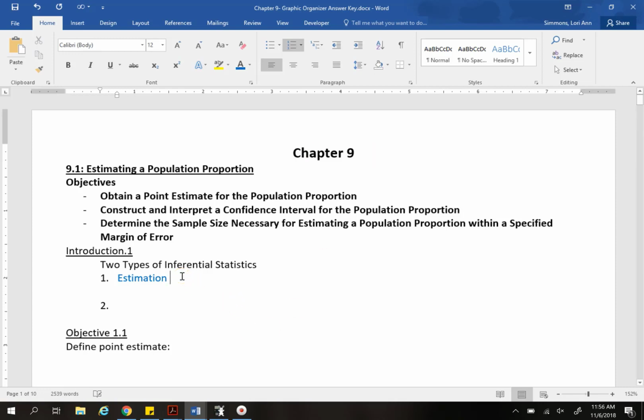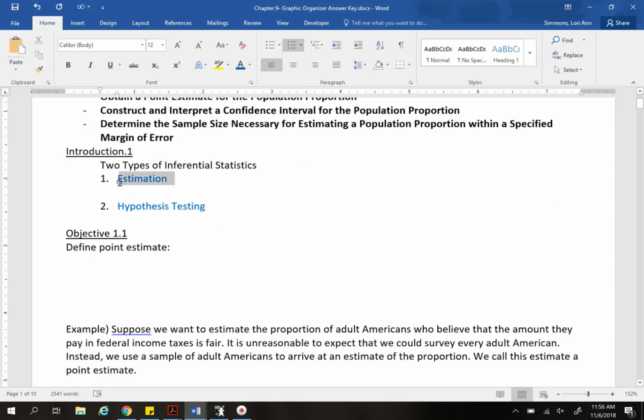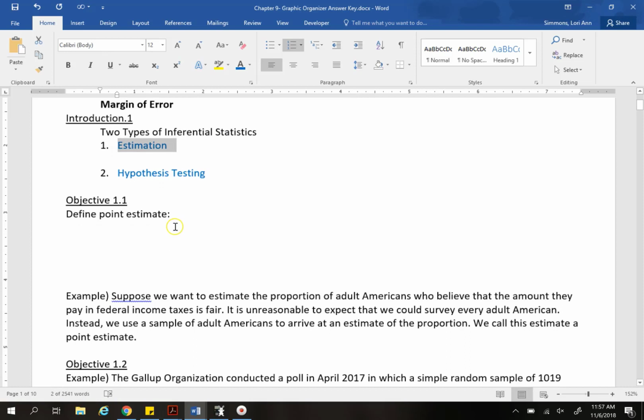This estimation will be covered in this chapter, and we're looking at an unknown parameter. If you recall, a parameter describes the population. So we're looking for the unknown number or mean in a population. The other type of inferential statistic is hypothesis testing, which will be covered in Chapter 10. So Chapter 9 will be on estimation.